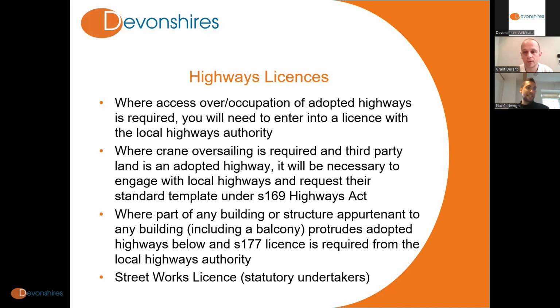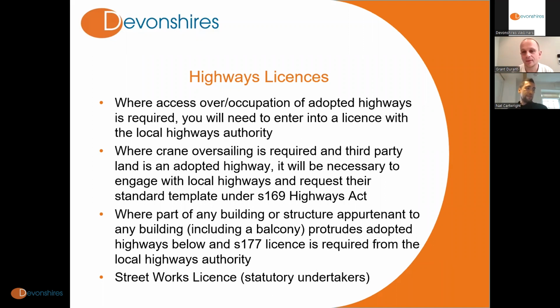So in that instance, you'd be required to enter into a section 177 license with the local highways authority, and again, these can be found on their website. Just be hesitant not to pay too much attention to section or statutory references to legislation on these local authority websites, because they're often muddled and they usually cite the wrong statutory provision.